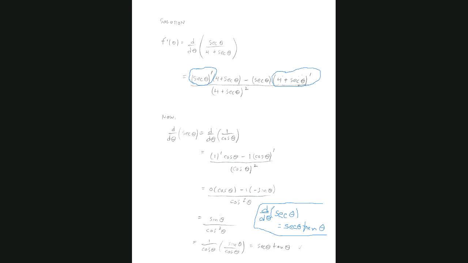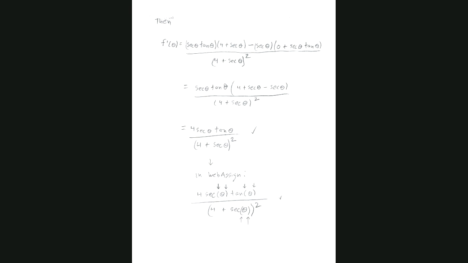So both of those derivatives, you're going to put in secant theta tangent theta. And you'll notice then that secant theta tangent theta is going to be a common factor.